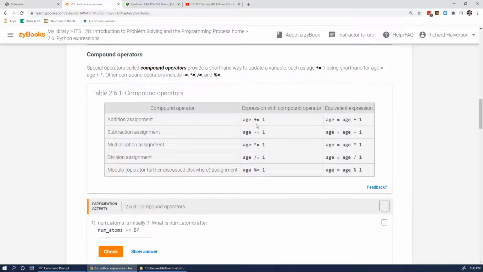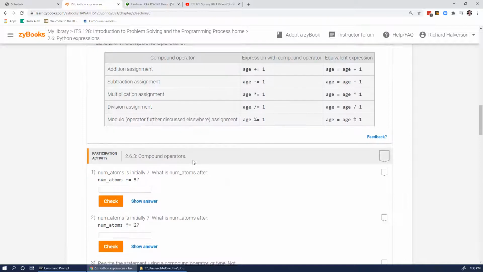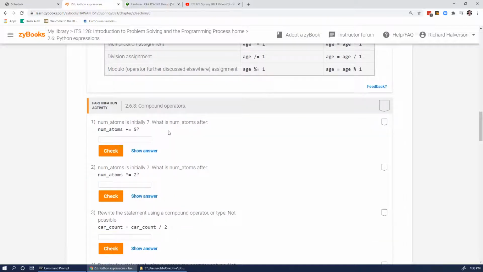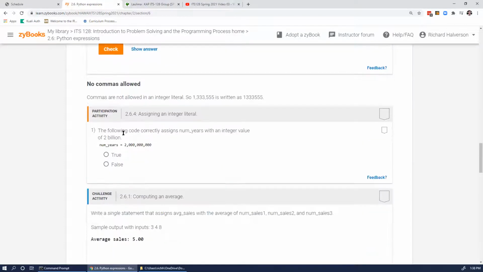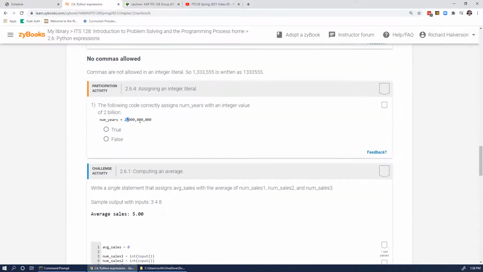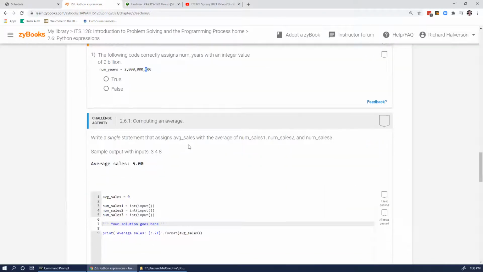So if it's this equals this and then something, you can skip writing that part, put the plus sign right there, and then just put the 1. And you don't put commas in numbers, of course.